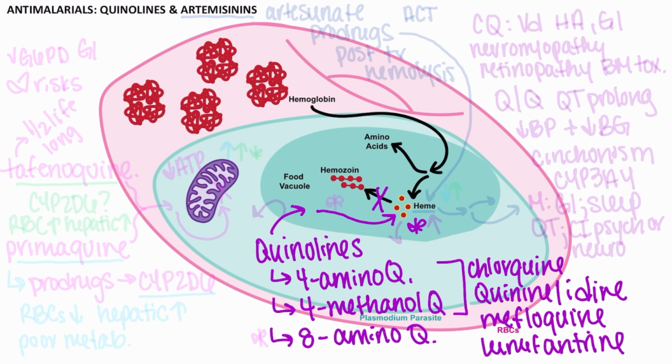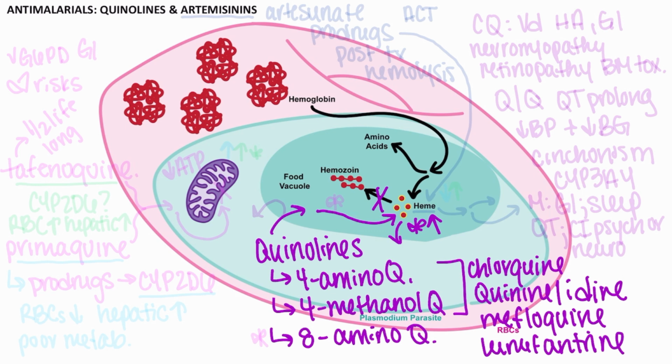And remember, heme is toxic to the parasite and very reactive, so it goes on to generate reactive oxygen species and oxidative damage that destroys parasite membranes and other essential critical structures, eventually leading to parasite death. If you think about this mechanism of action, you can infer that this reliance on heme means that these agents are going to be effective for parasites in that erythrocytic stage, but not in the others.